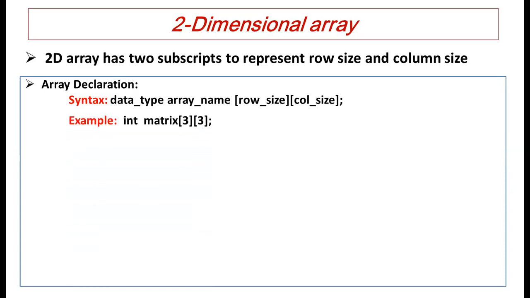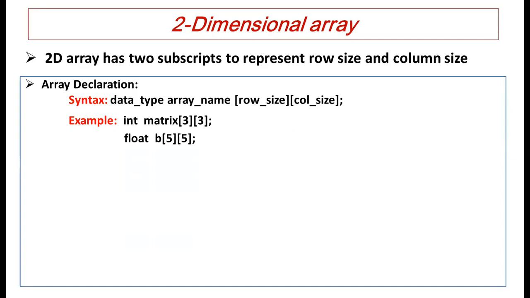Now, an example: int matrix[3][3]. So the matrix size is 3 into 3, 3 rows, 3 columns, and the number of elements will be 9. Row size into column size will give the number of elements that can be stored in the two-dimensional array. Another example, matrix B, here row size is 5, column size is 5.